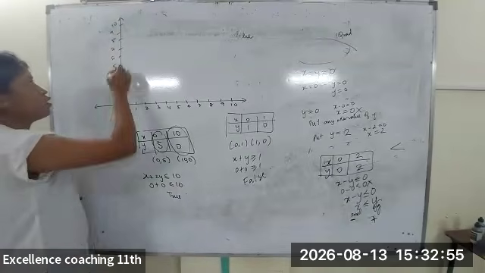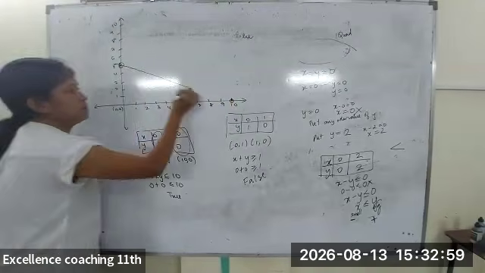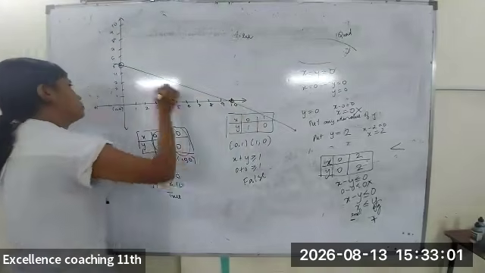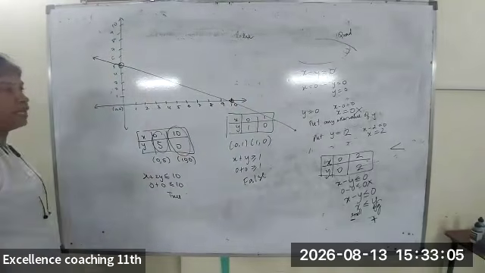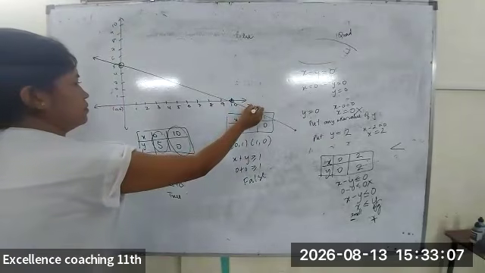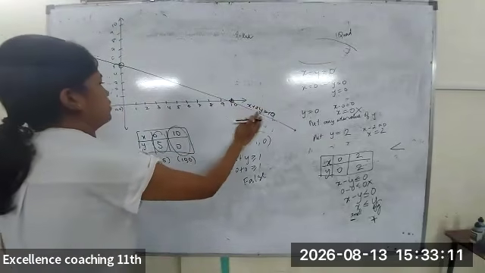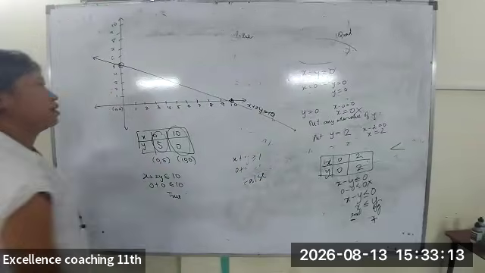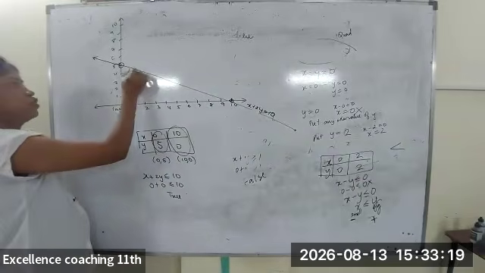Plot the first line 0, 5, 10, 0. Name the line. First one is true. True means origin side.